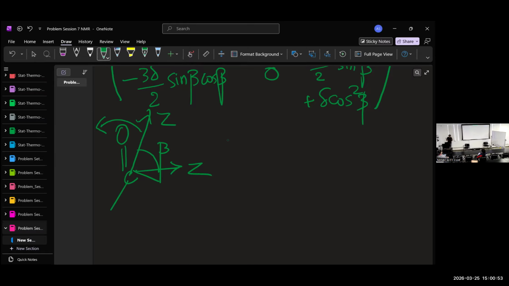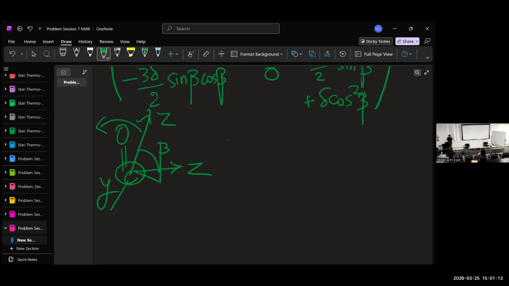You could guess intuitively that given this geometry, you have a common y-axis, because that is the axis through which you're actually doing the rotation. You have a common y-axis, and in each case you could individually define an x-axis.